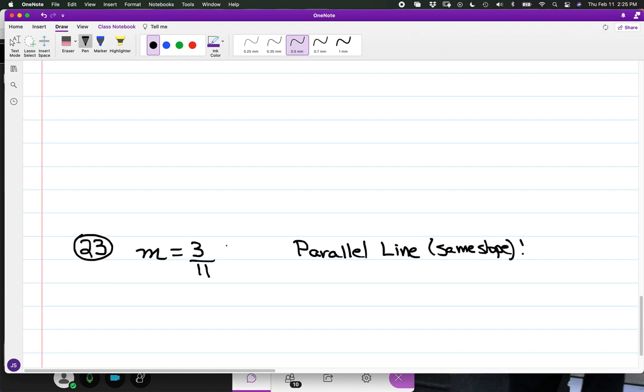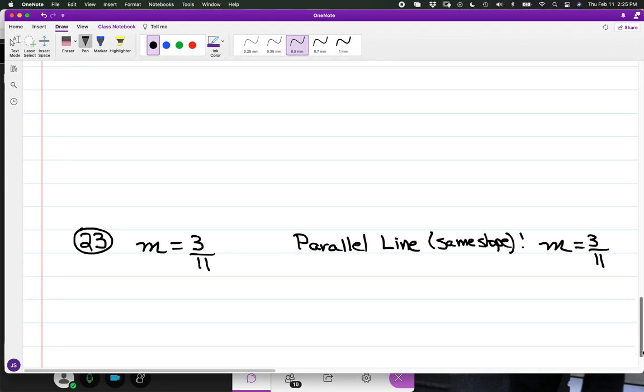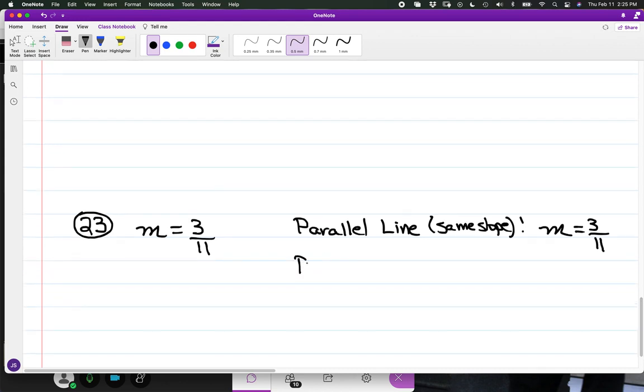So a line that runs parallel to the given line is going to have a slope of 3/11. Now, for a perpendicular line, this is going to have the opposite-sign reciprocal slope.